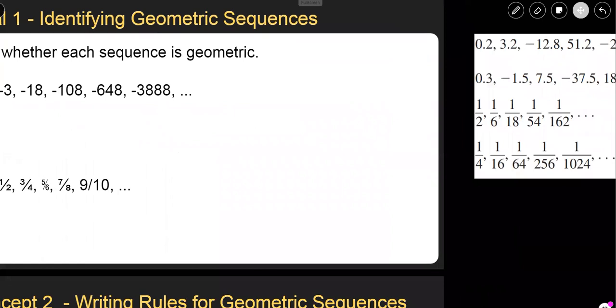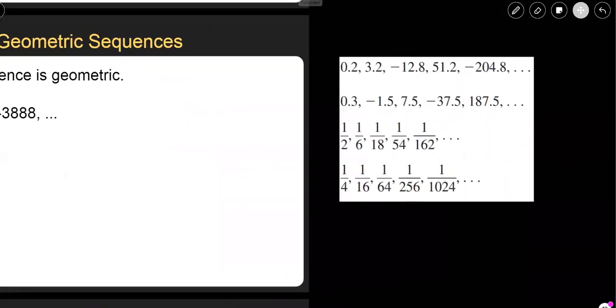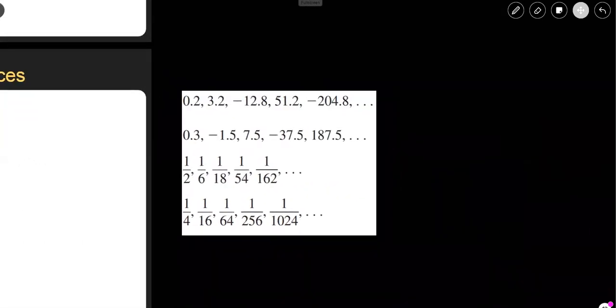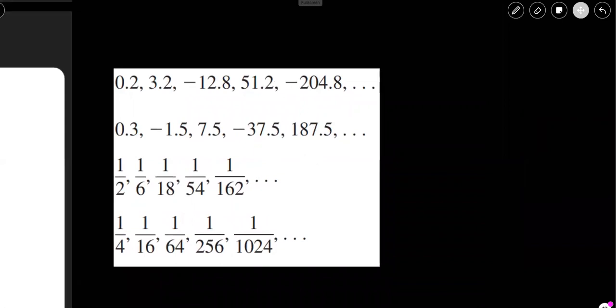So the first thing that we did was identify whether each sequence was geometric or not. A geometric sequence is found if we have the same ratio from each position to the next. Sometimes it's easy and obvious, sometimes not.